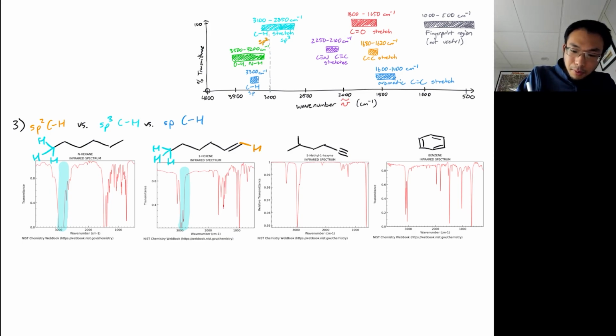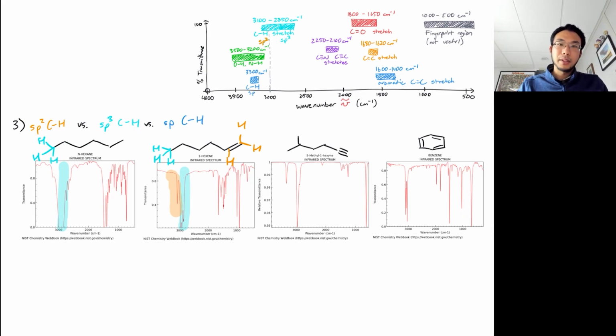Those are showing up here in the molecule, and those are the ones that are past 3000. It's really this one peak right there. If you didn't know what these molecules were, and I just gave you these two IR spectra, you could look at these and tell me that one of these seems to have sp2 CHs and one of them doesn't.